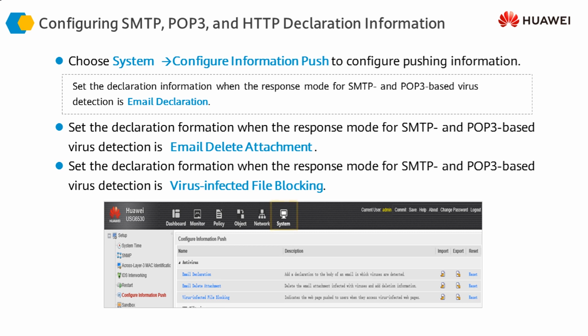For example, if we go to system and we configure the information push, this means that if any virus is detected or removed from either the email or the web pages that we are trying to access, then we could send the information to the user stating that the email has been blocked or the attachment has been removed because it contained a virus.